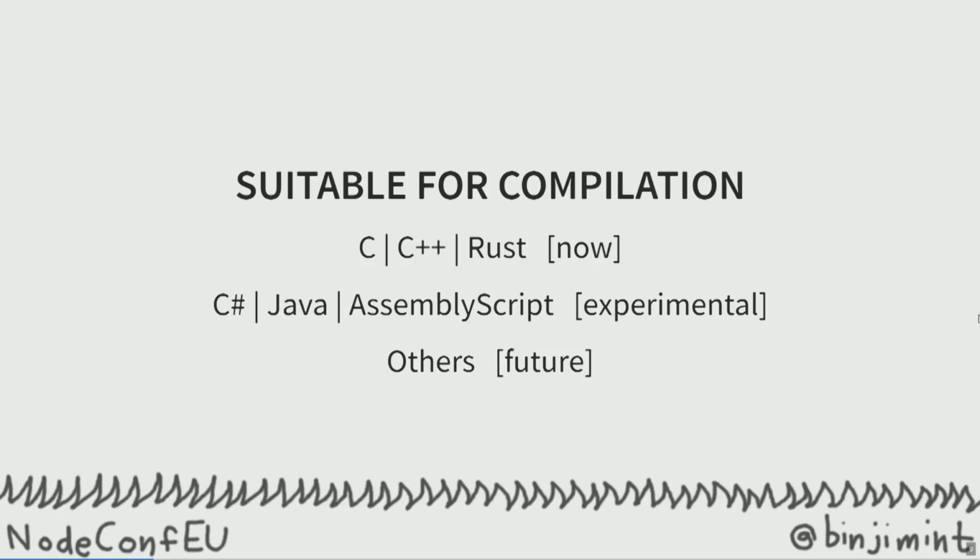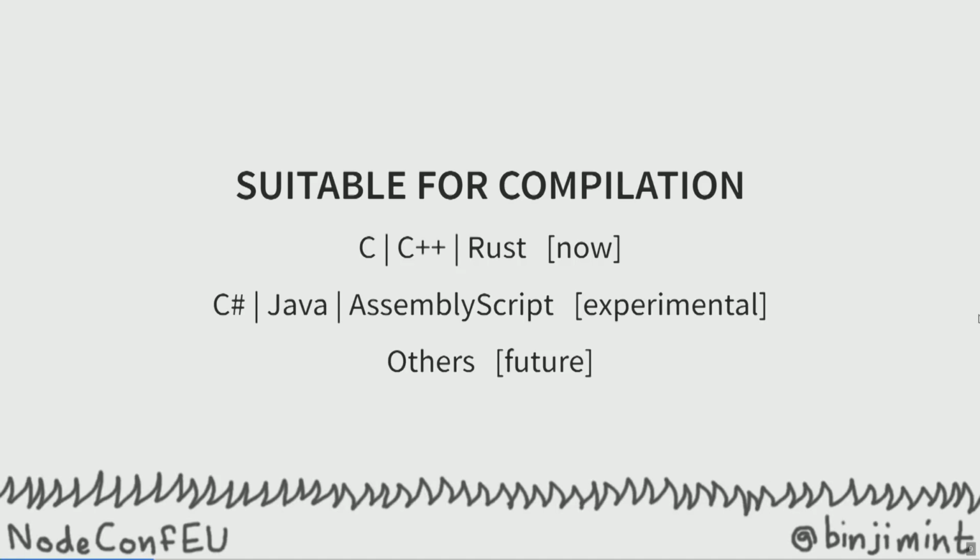Currently, the languages that we support are C, C++, and Rust. We also have some experimental support for languages like C# and Java. A lot of people are very excited about the opportunity to be able to basically take their preferred language, compile that, and then ship that to the web as a client.